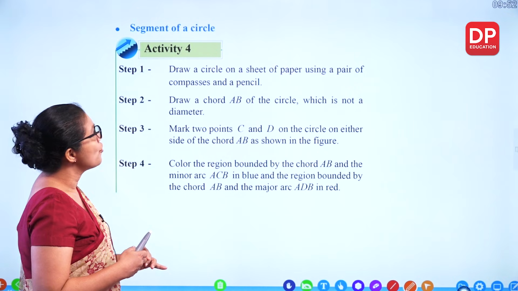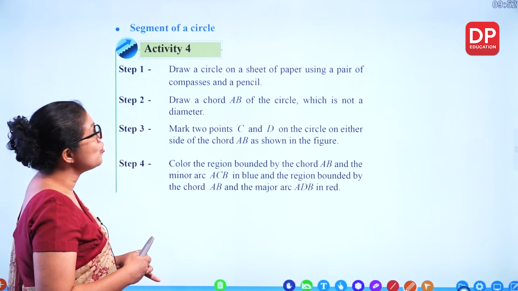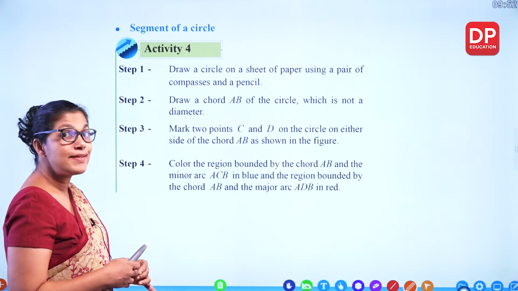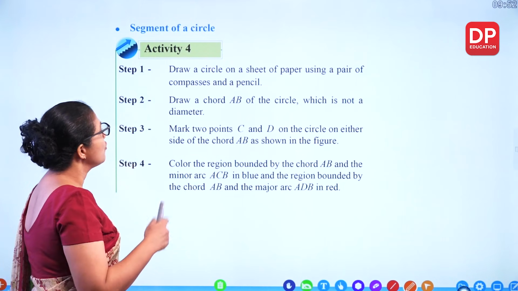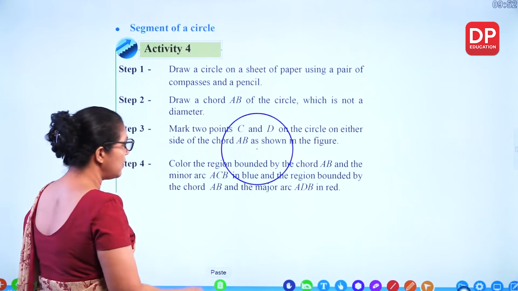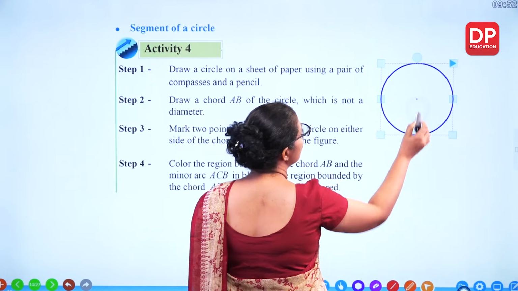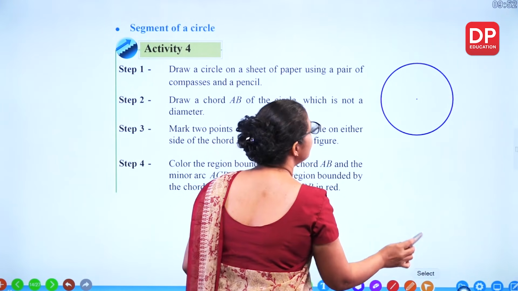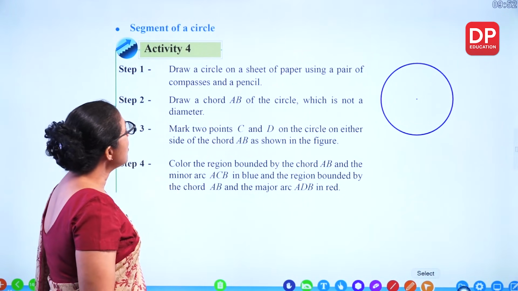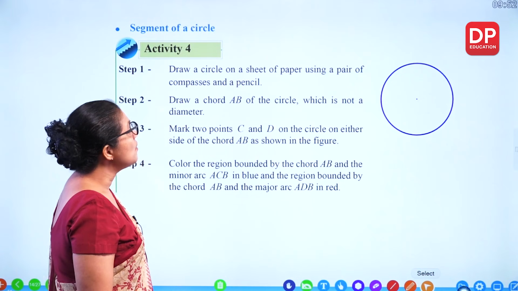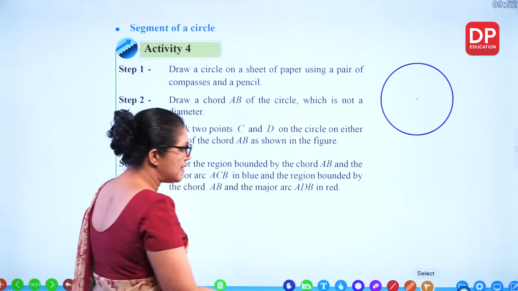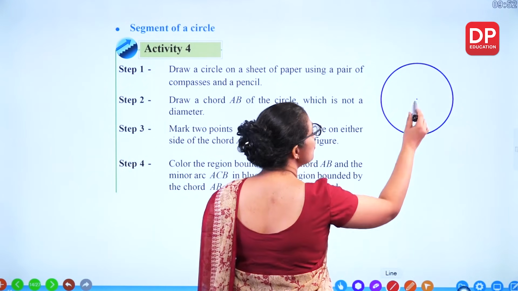We'll do another activity in your textbook. Activity 4. Draw a circle on a sheet of paper using a pair of compasses and a pencil. Draw a chord AB of the circle which is not a diameter, that means any length not passing through the center.